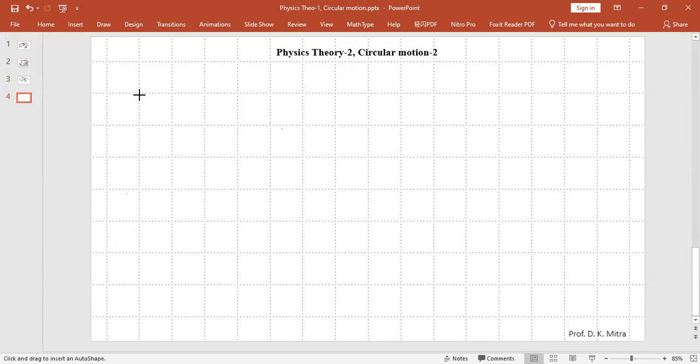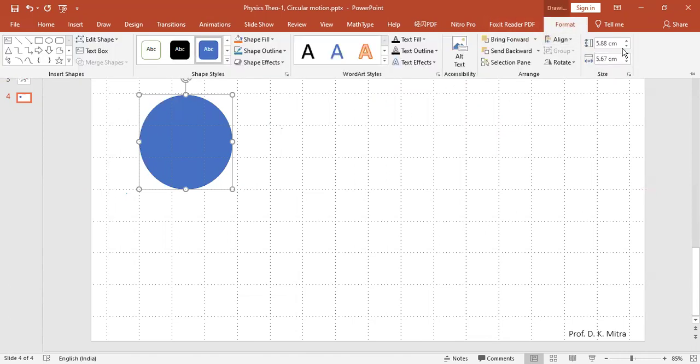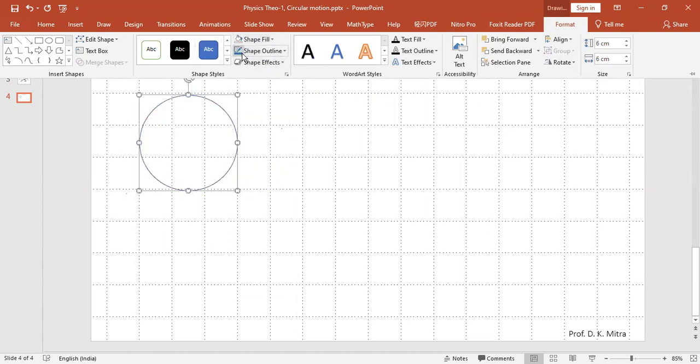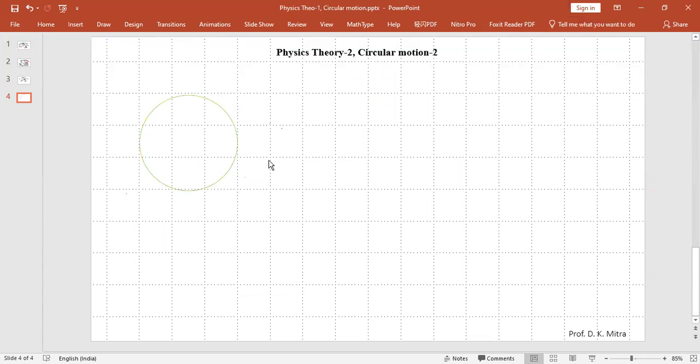The circle will be very useful to explain a part of the theory. This is a circle. Consider this is the earth.